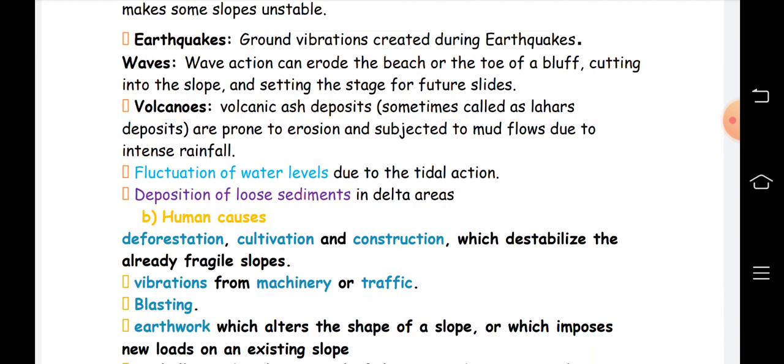Due to these volcanoes, there is erosion. The soil particles try to erode the surfaces, and due to which soil starts to move in a downward direction. This can mostly happen in the case of rainfall.